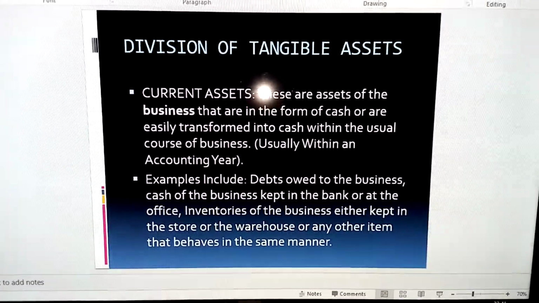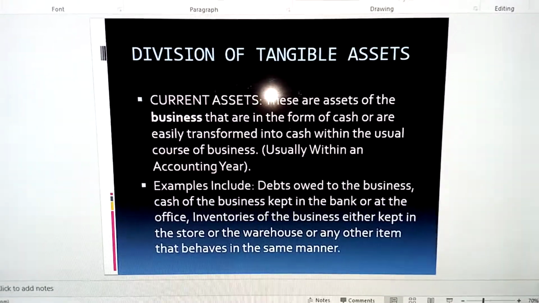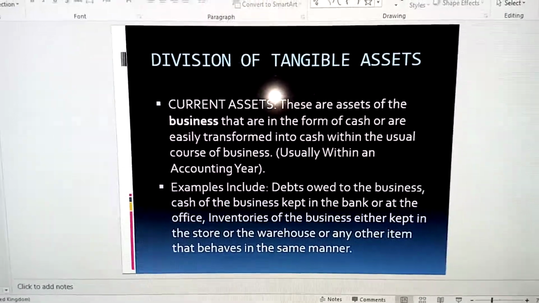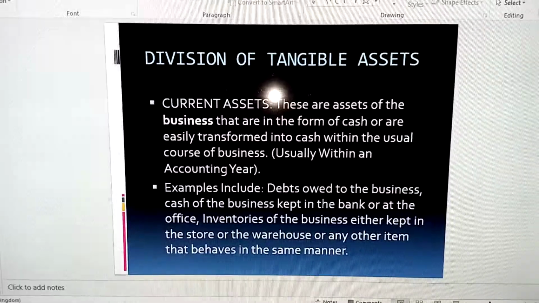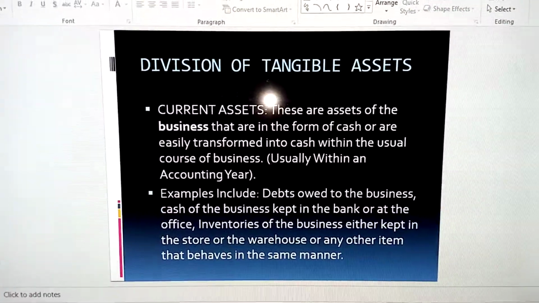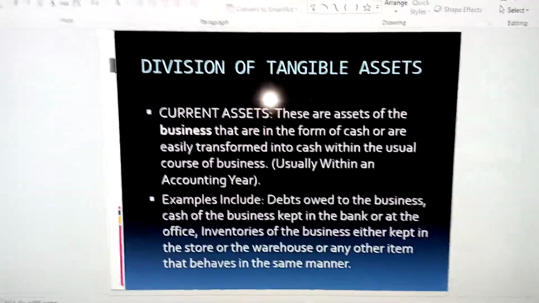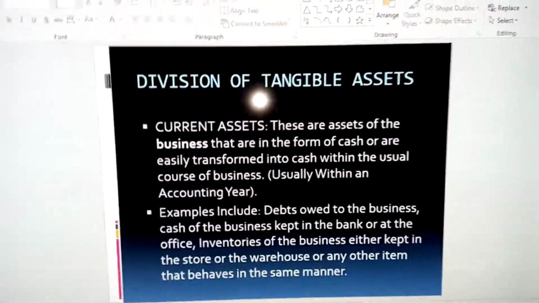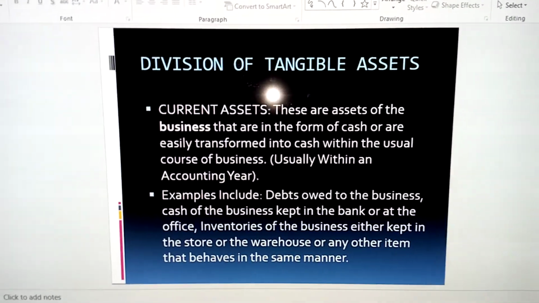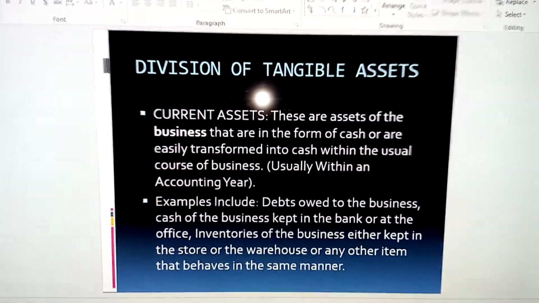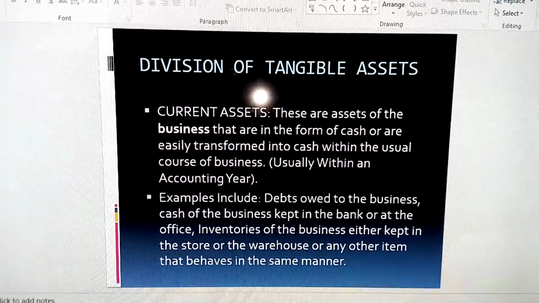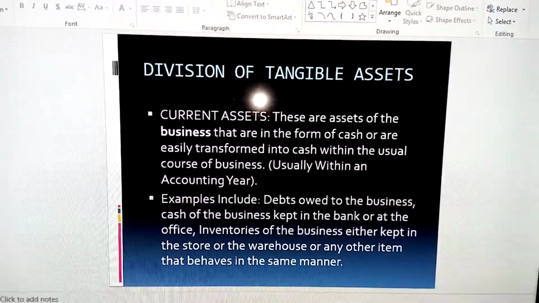Take for instance, debtors. Debtors are individuals or organizations that are owing what? A business organization. For instance, if someone is owing you 1 million naira, that person is referred to as a debtor to you.